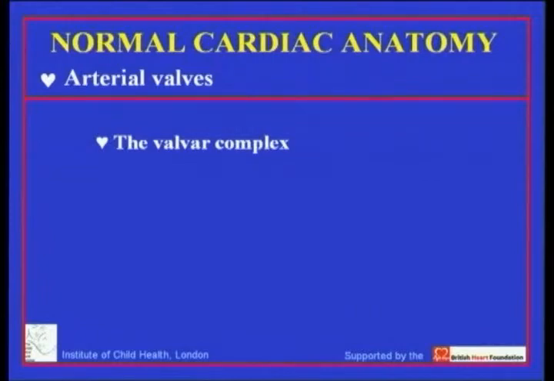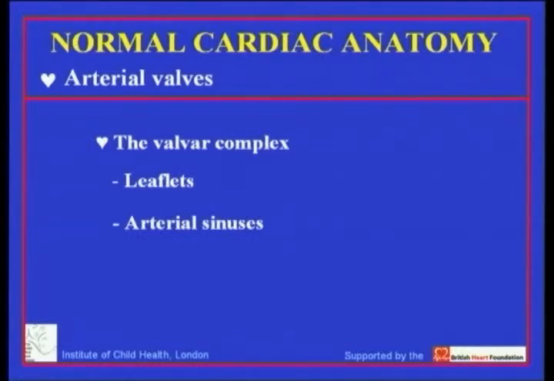Now let me extend that concept of a complex also to the arterial valves. And as I say, the valvar complex, as providing the essence of understanding of the atrioventricular valve, has a long history. It's less well established in the arterial valve. But if we look at arterial valves, again we can recognize leaflets as the functional part of the complex.